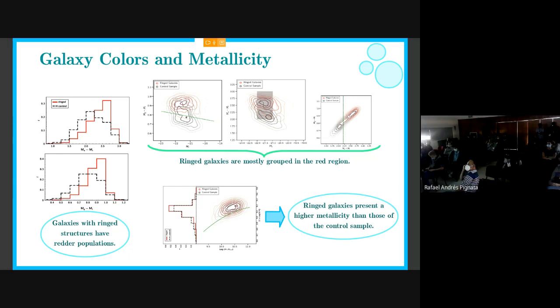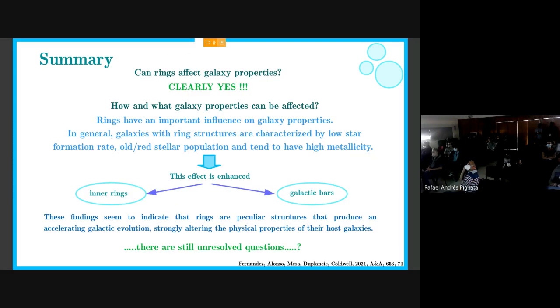In this context, rings will be a mechanism that helps to consume the gas, accelerating the star formation process. And at this stage, the ring will produce different changes in the host galaxy. As a summary, with respect to the third question, we can say that clearly yes, ring structures modify different host galaxy properties.